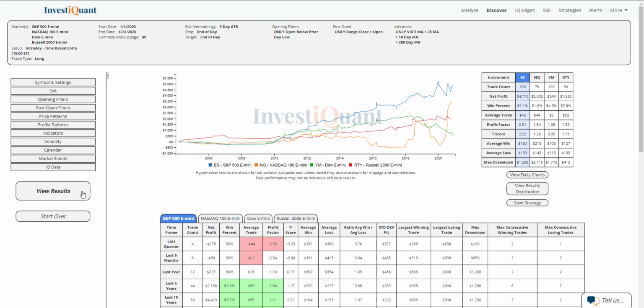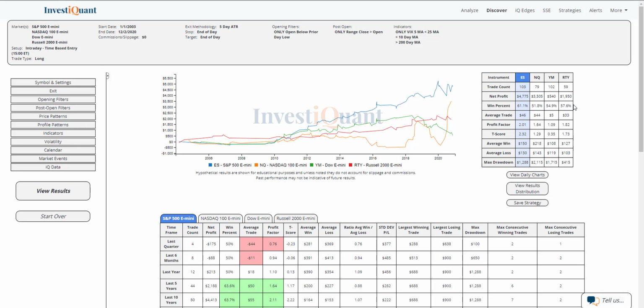So that's kind of the daily pattern. And then at 3 p.m., you're trading above the opening price. If that is true, historically, we've got 103 samples in the S&P dating back to 2003. The NASDAQ, 79 samples, the Dow, 102 samples, and the Russell, 59 samples.